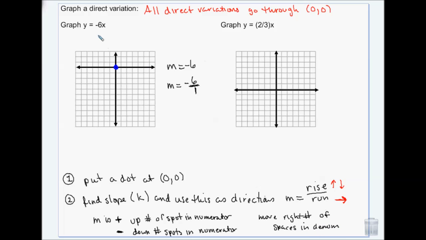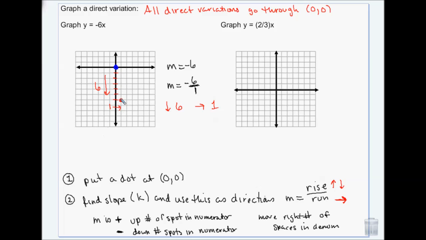Okay, so our slope here was -6, which is -6 over 1. This negative tells me I'm going to go down 6, and then I'm going to go over 1. So from 0, 0, that's my starting point, I'm going to go down 1, 2, 3, 4, 5, 6. So down 6, and then over 1.